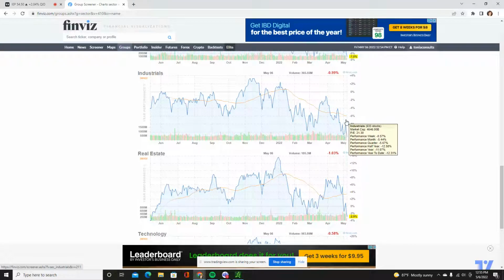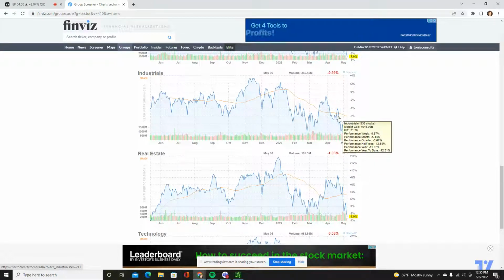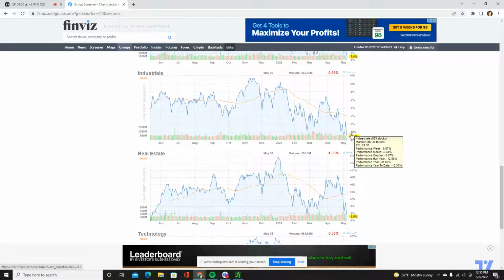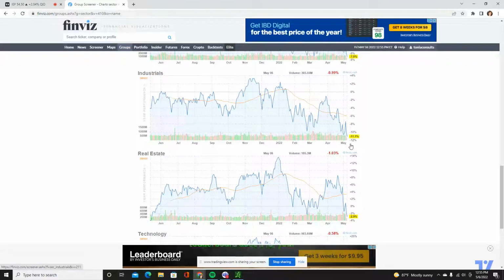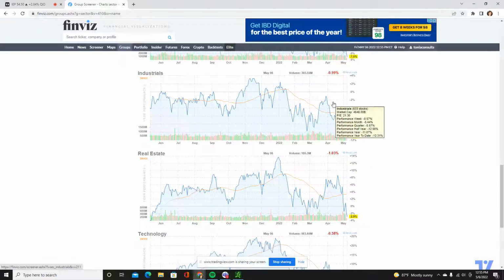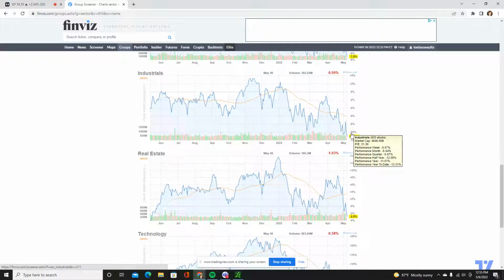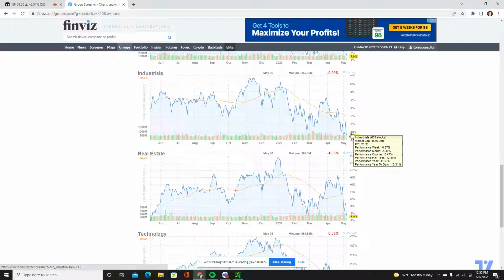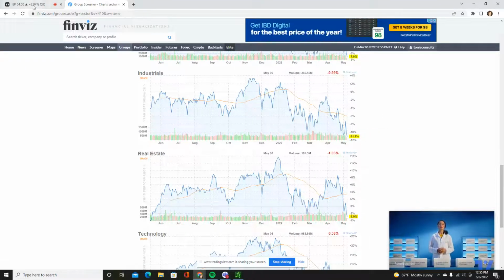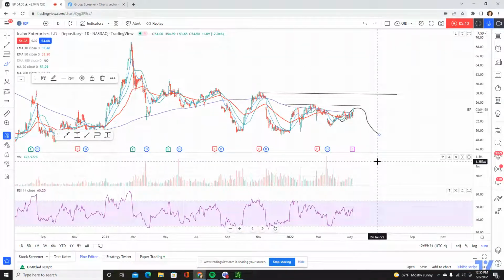The overall prices in the industrials are trending downward, and it's 11% below the 50-day moving average. Sorry if I'm moving my mouse too much here, but anyway, my opinion is I would not personally be buying the stock. But then again, anything could happen.